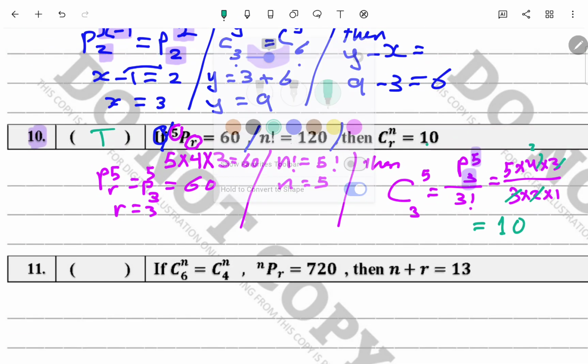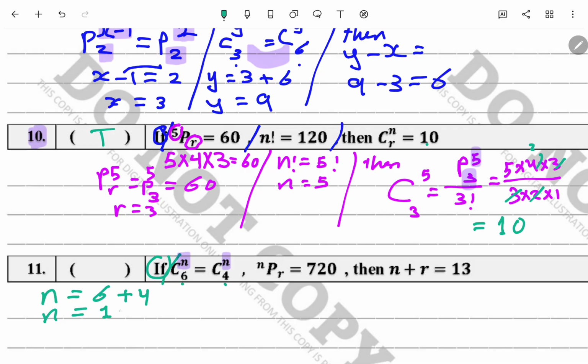In 11, we have this given, which is n combination 6 equals n combination 4. If we have same n and different r, we can add down plus down to get up. So we can start with the first given, which is n equals 6 plus 4, then n equals 10.